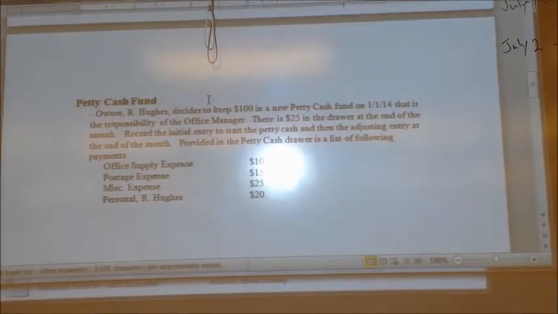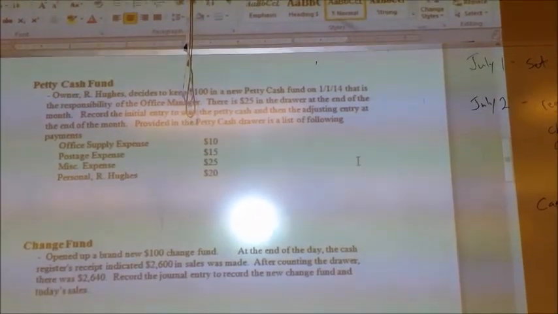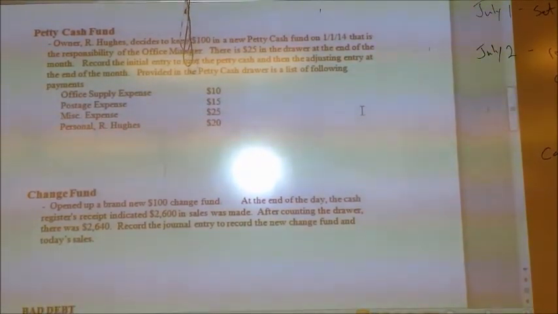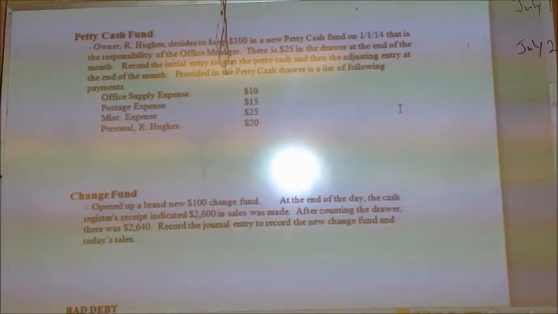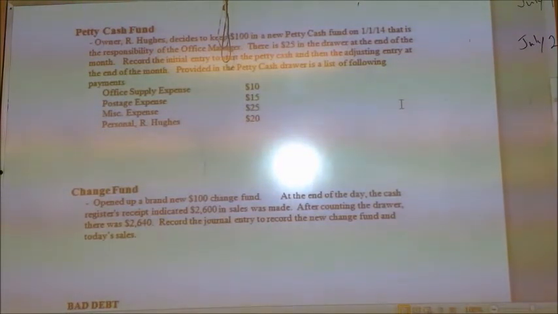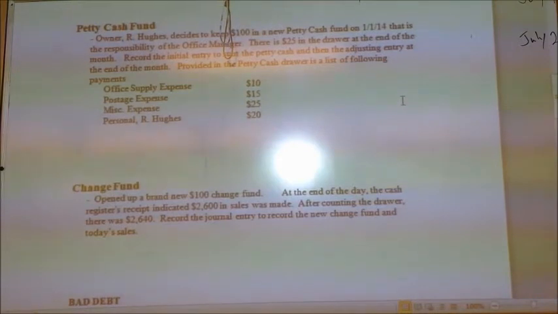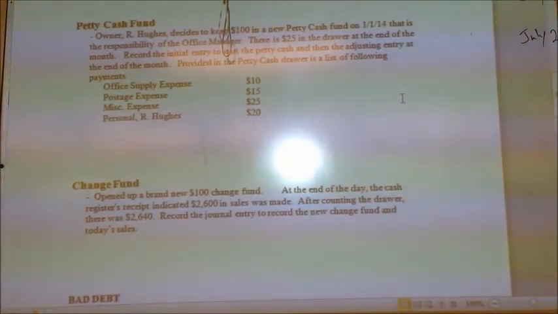Okay, so in this example, we're putting in petty cash into a brand new fund, and then I tell you there's $25 in the drawer at the end of the month, and then I want you to do the 2 journal entries. Record the initial entry and the adjusting entry at the end of the month.